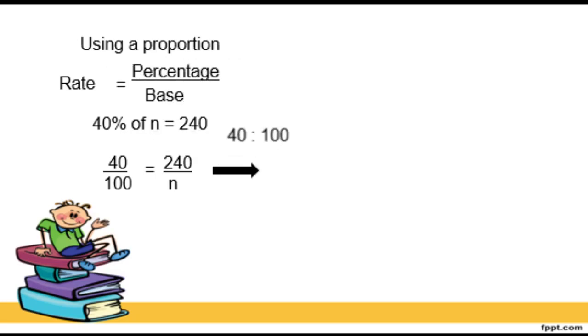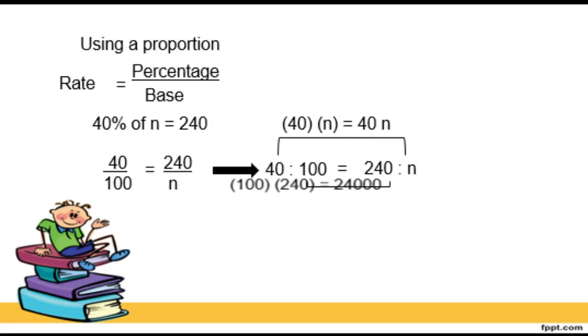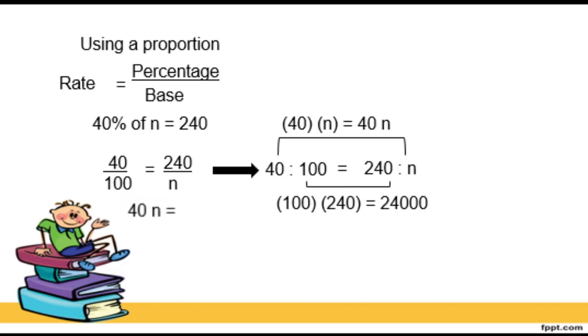Ratio and proportion by colon, 40 is to 100, which is equals to 240 is to n. Multiply the extreme. 40 times n is equals to 40n, and the means 100 times 240 is equal to 24,000. And then 40n is equals to 24,000.